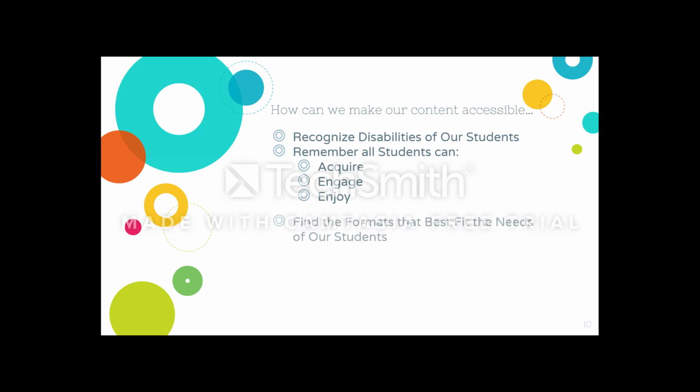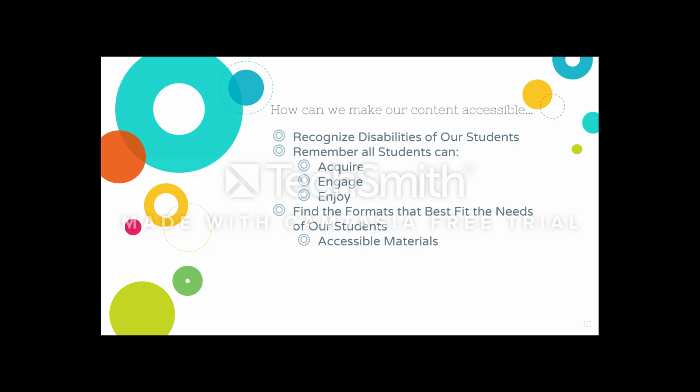We then must find the formats that best fit the needs of our students, whether that is through accessible materials, accessible formats, or accessible technologies. Finally, we need to use the POUR principles to implement accessibility into our classroom and content appropriately.